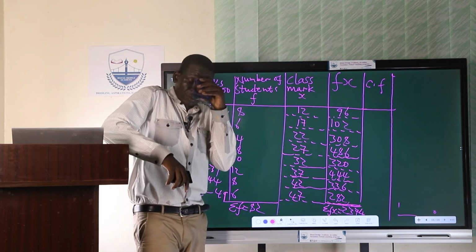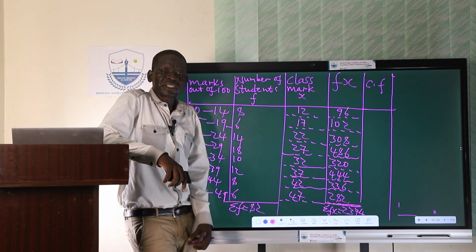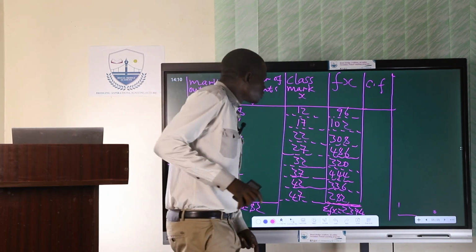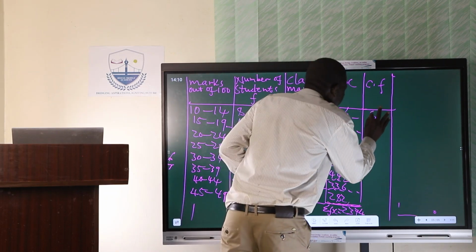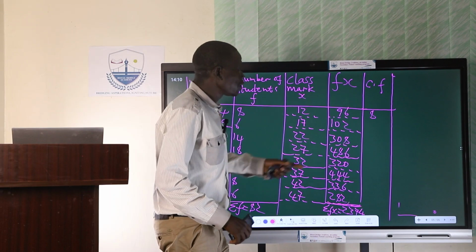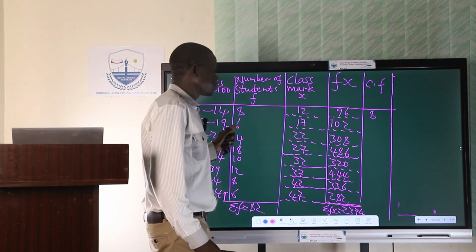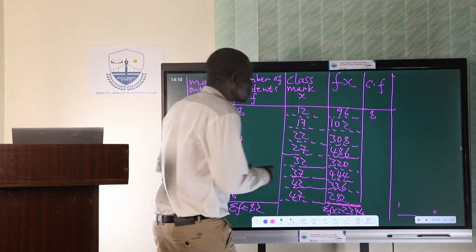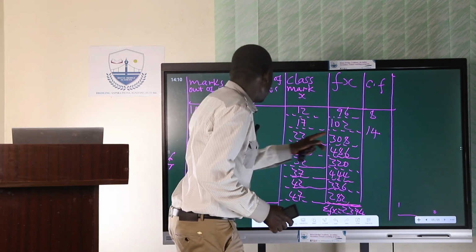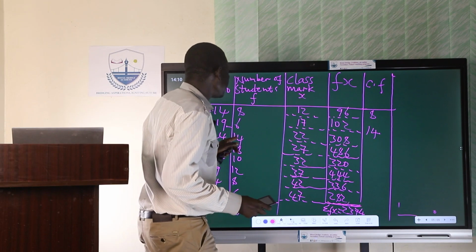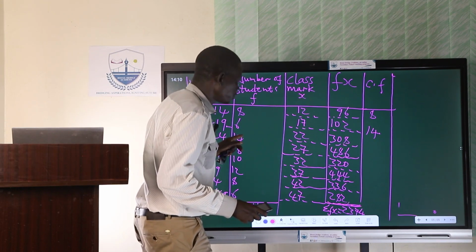Now, to obtain the column for cumulative frequency, we cumulate the values of frequencies. So we first write the first frequency, which is 8. Then we add it to the second frequency. 8 plus 6, we get 14. This 14, we add it to the next frequency value, which is 14.